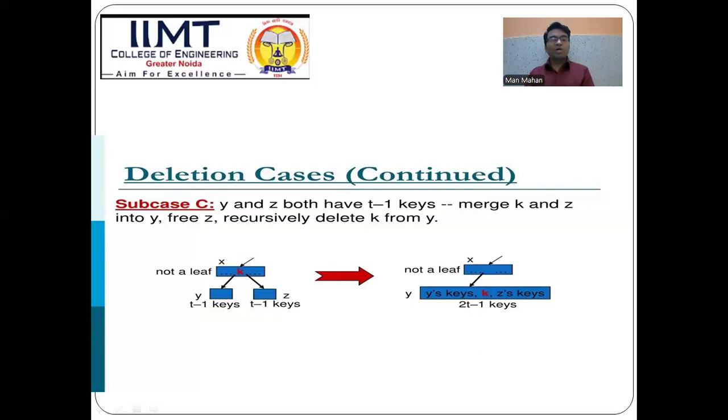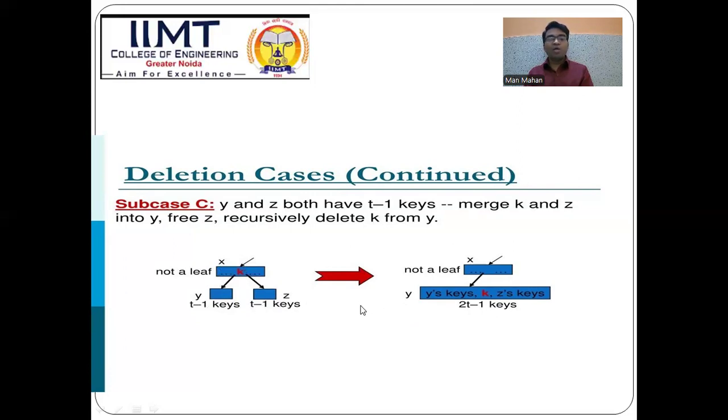Now we move on to the next deletion case. The next sub case is C, where we want to delete k in a particular node x, and the left sibling and right sibling also maintain t minus 1 key elements, y and z.